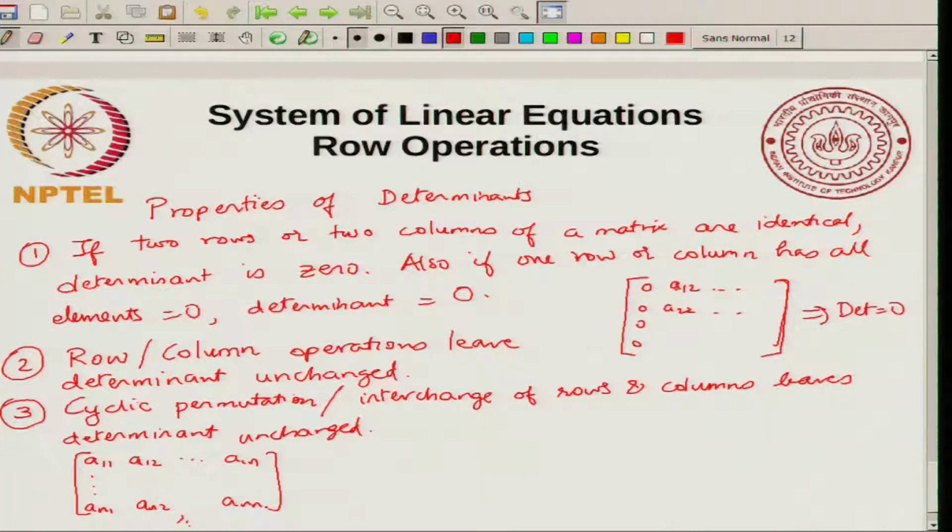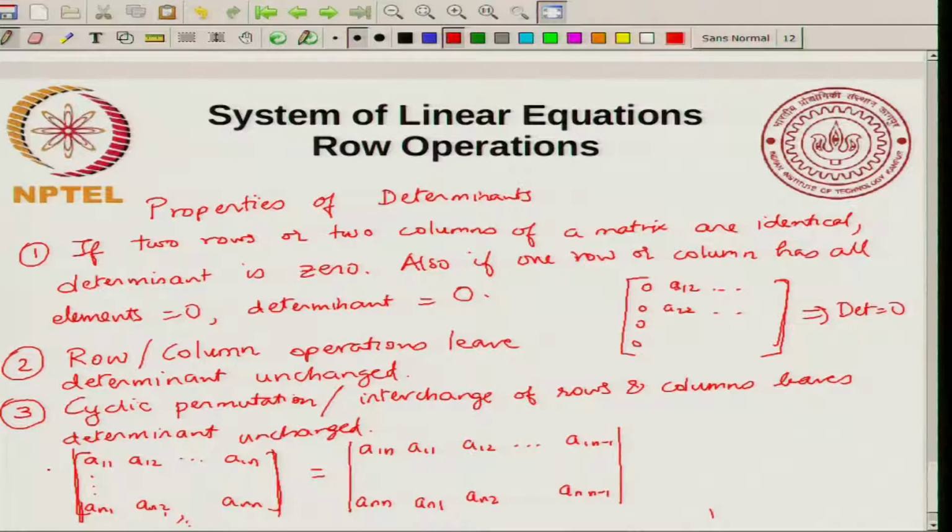Now, if I take the determinant of this matrix and I imagine doing a cyclic permutation, this determinant is the same as, now I shift AN1 here, A1n, ANN and then I have A11, A12 up to A1 n minus 1 and all the way up to AN1, AN2 up to AN n minus 1. Okay. So, what I did was I just took this last column and I moved it all the way to the first and I shifted all the columns to the right. Okay. Then the determinant is unchanged.